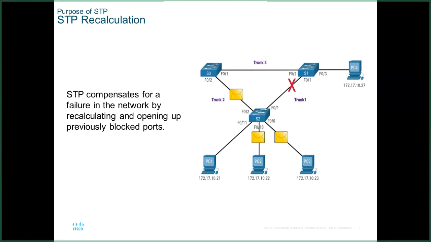So spanning tree compensates for a failure within the switching fabric by opening the previously closed port. Now, it's not closed as in shut down, it's closed from forwarding traffic. So they call this a blocked port. So it can't forward.